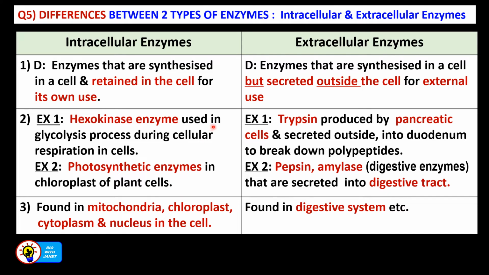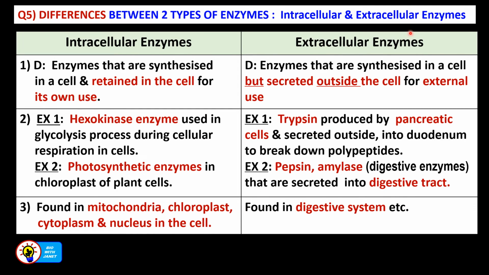So respiratory enzymes and photosynthetic enzymes are all intracellular enzymes. These enzymes are found in the mitochondria, where they carry out cellular respiration, in the chloroplast, where they carry out photosynthesis, and in the cytoplasm and nucleus in the cell.